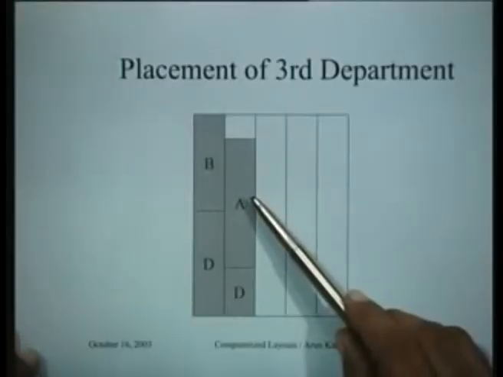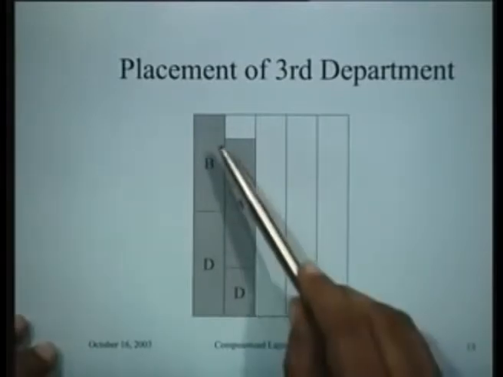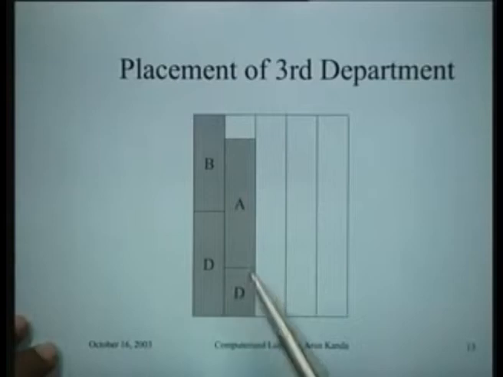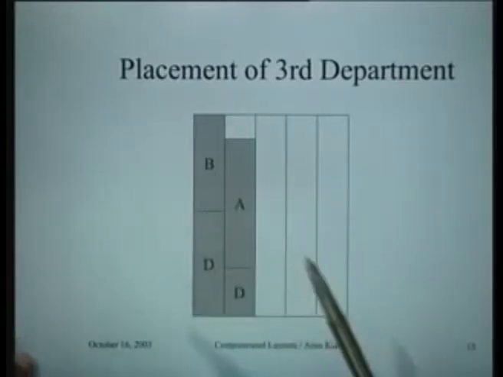Based on that information, suppose that in this particular situation department A is picked up for placement. So we place department A depending upon its requirements here. We have now been able to place 3 departments in the layout.